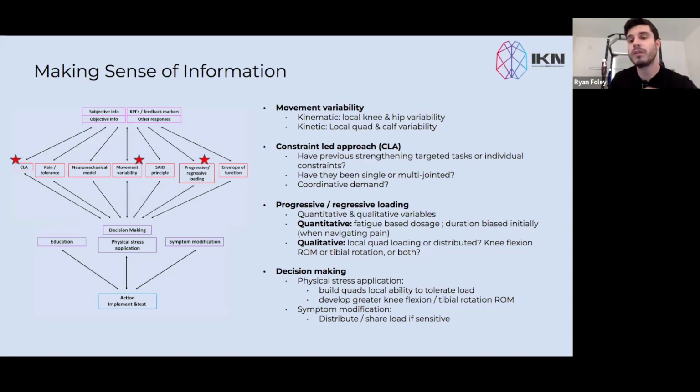But you may use more of a fatigue-biased strategy, where you just want to get them to the point where they are engaging in an activity where they are experiencing load through the quads, but you're using their rating of perceived exertion. You're just trying to get them to the point where they are fatigued and tired, so that you're not risking overloading the individual, okay?